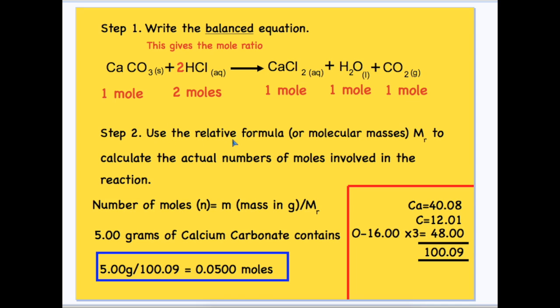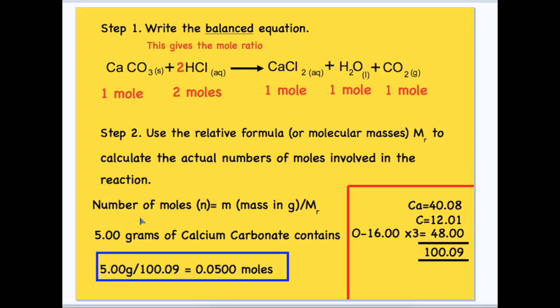Next, we determine the relative formula mass of calcium carbonate, referred to as the relative formula mass and not the relative molecular mass, for calcium carbonate is an ionic compound. After visiting the periodic table to determine the relative atomic masses of calcium, carbon, and oxygen, and then after multiplying oxygen by 3 for the 3 oxygen atoms, we determine the relative formula mass of calcium carbonate to be 100.09.